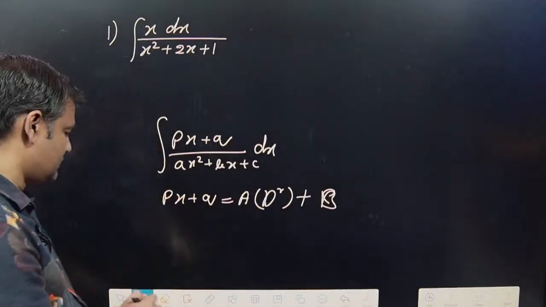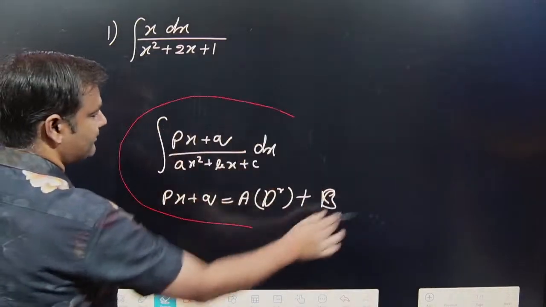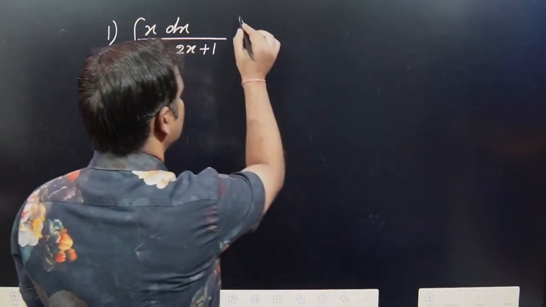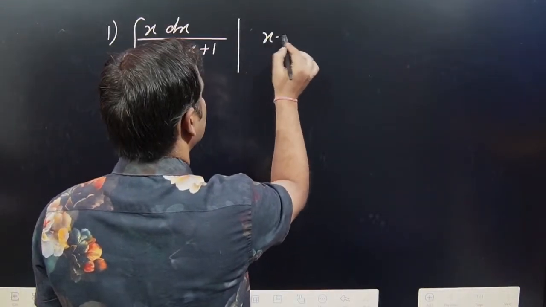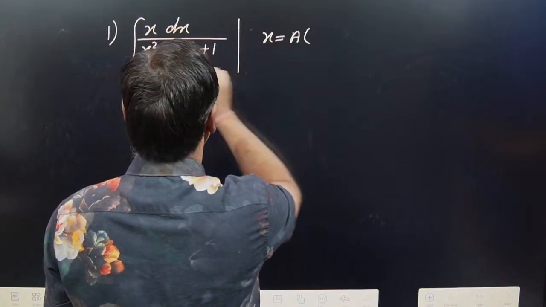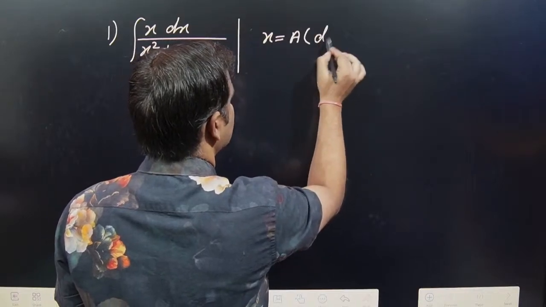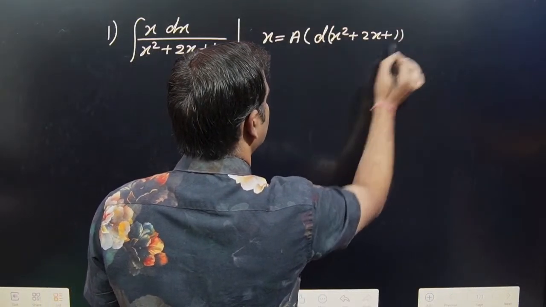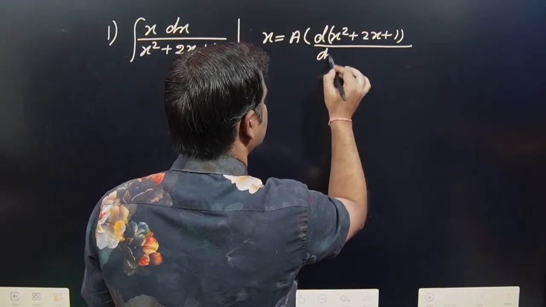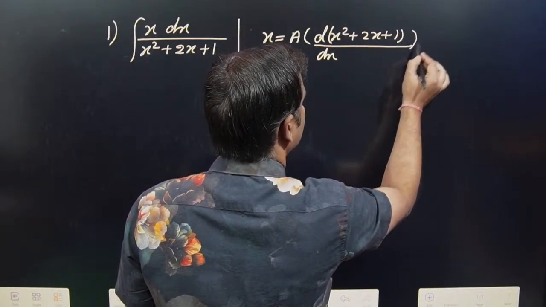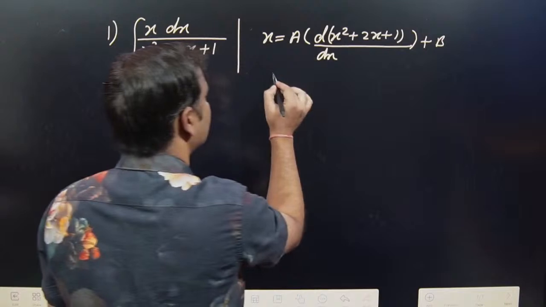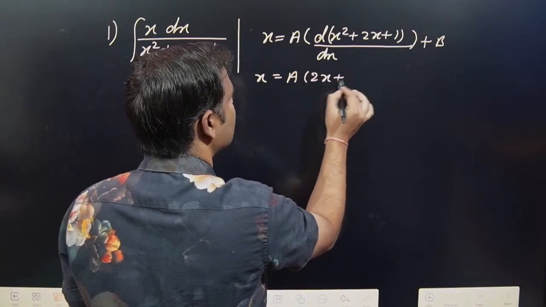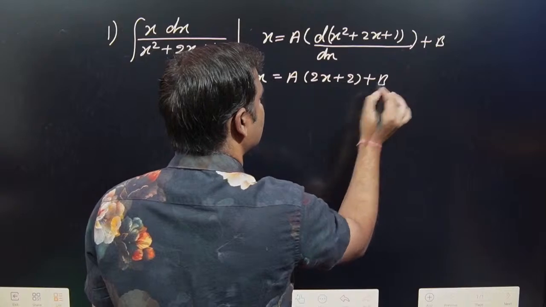So how do we do it? Look here. x will be equal to a times the differentiation of the denominator, that is x square plus 2x plus 1 with respect to x, plus b. Look very carefully: x equals a into (2x plus 2) plus b.